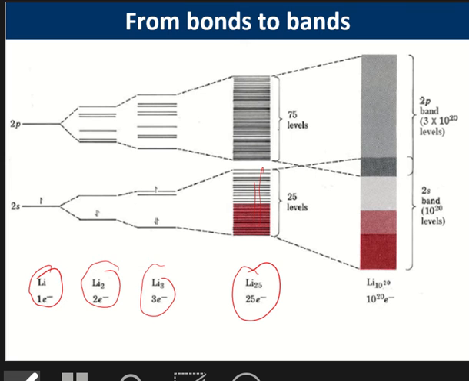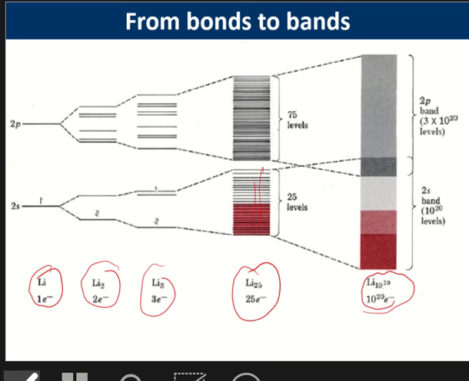And finally, if you further extrapolate it to something around Avogadro's number, then it is a continuum of s band, a continuum of s energy levels, molecular orbitals, due to the overlap of s orbitals. उसकी वजह से जो बनेगा वो वाले सारे एनर्जी लेवल्स, उसका एक कंटिन्यूम दिख रहा है.